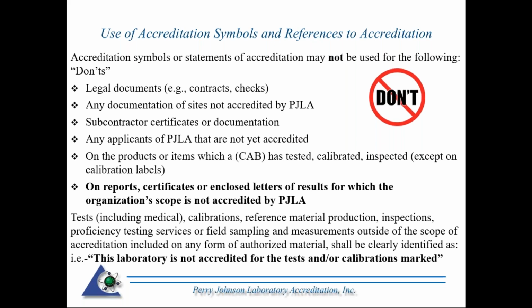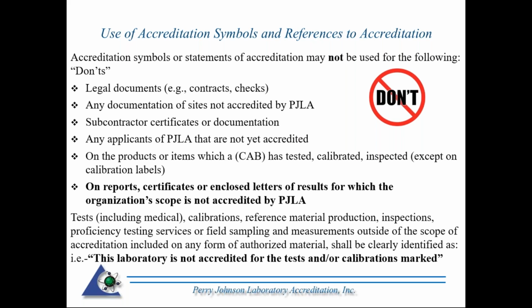Testing, including medical labs, calibration, reference materials, material productions, inspection, proficiency testing, services, or field sampling and measurement outside the scope of accreditation included on any form of authorized material shall be clearly identified as the laboratory is not accredited for test and or calibrations mark.